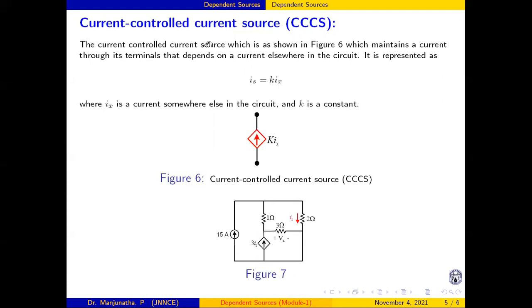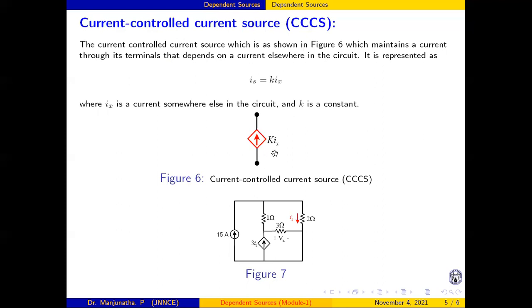Third one, current controlled current source. The current controlled current source, as shown in this figure symbolically, maintains a current through its terminals that depends on a current elsewhere in the circuit. It is represented as Is = K times Ix, where Ix is a current somewhere else in the circuit and K is a constant.